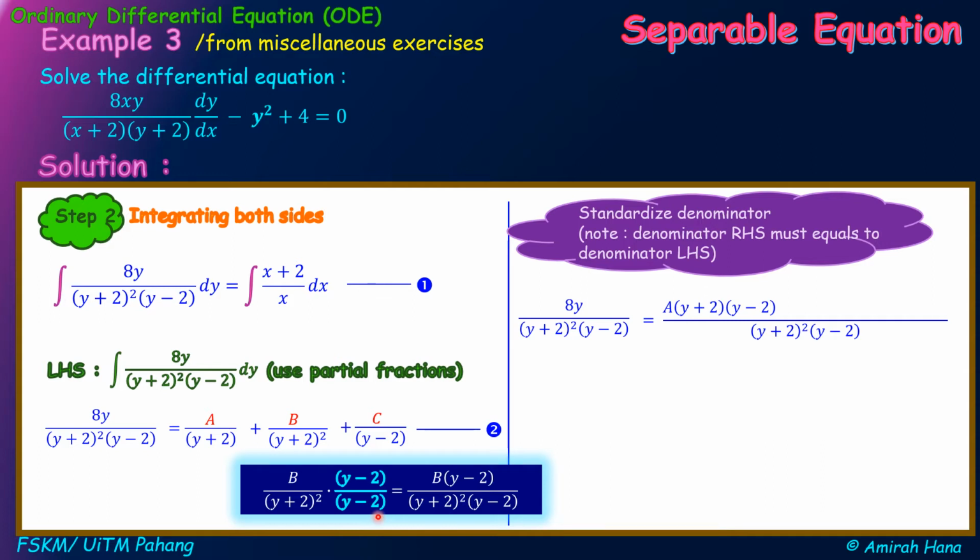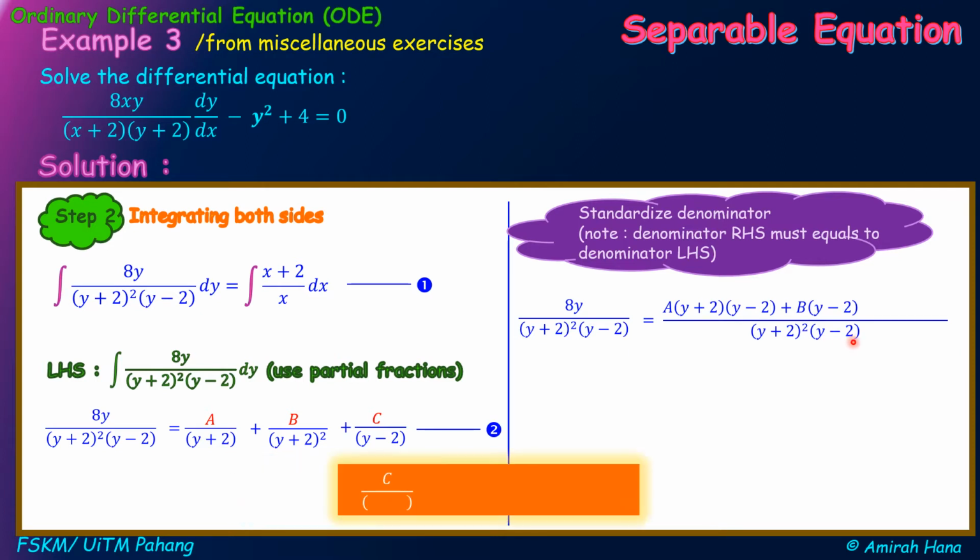Numerator and denominator should be the same. And then after we multiply, we have B times (y minus 2) with denominator (y plus 2) squared times (y minus 2). Okay.